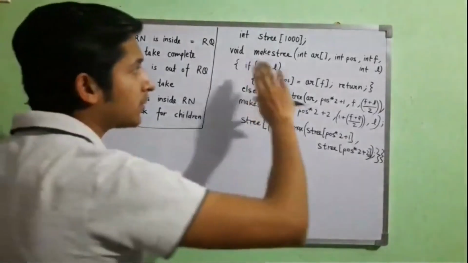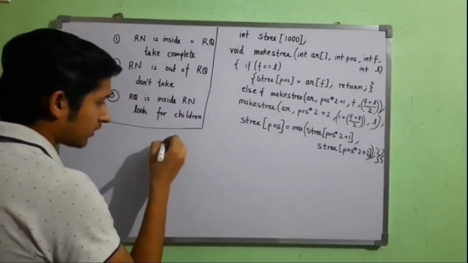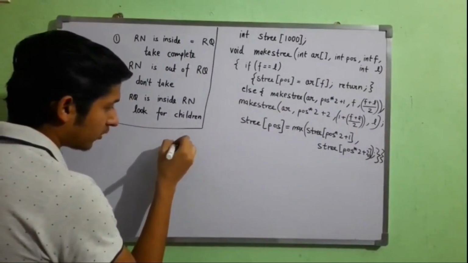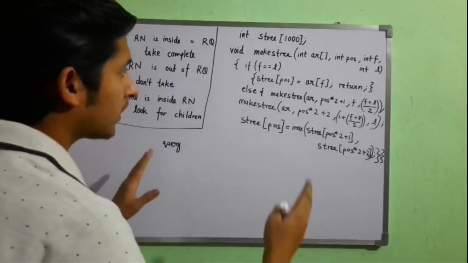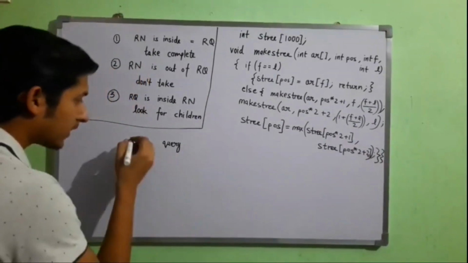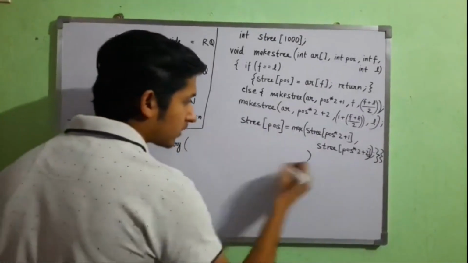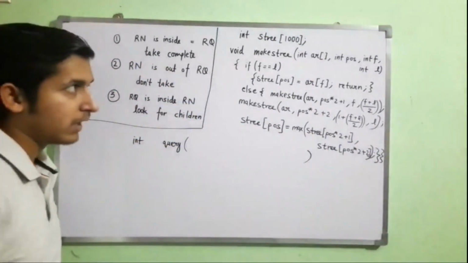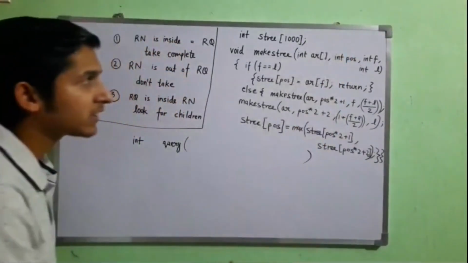Now, after completing this make segment tree, I'll write a function that puts query. If someone asks me to find the maximum number in this range, it will return an integer. Okay, and it will take 5 parameters. It won't take this array, as this array is globally declared, so you have to take this obviously.